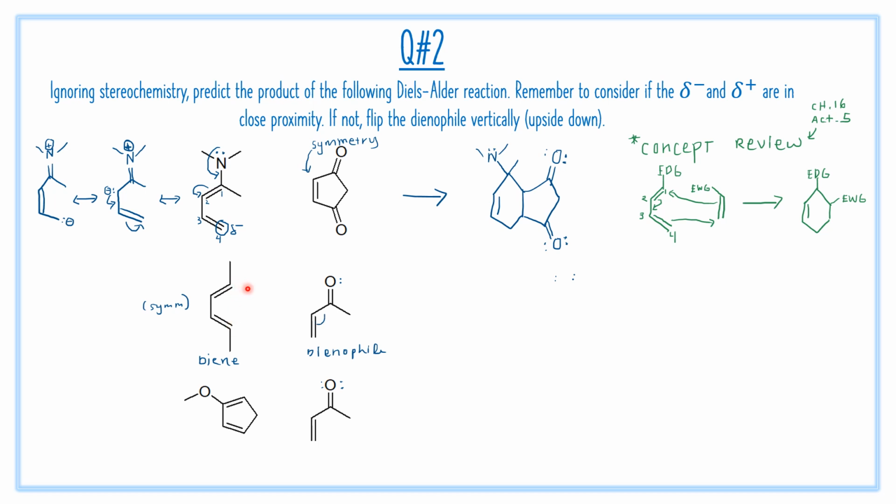As for the dienophile, draw the arrow from the double bond to this, and the double bond breaks to create an extra lone pair on oxygen, making this carbon the least electron dense in the dienophile, because when you draw out the resonance structures, you'll notice that this has the positive charge.